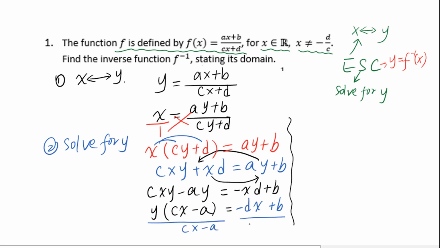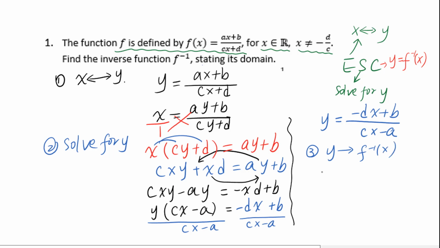So you have y equals (negative dx plus b) over (cx minus a). Last step, we change y into the inverse function symbol. Therefore, the inverse function equals (negative dx plus b) over (cx minus a).